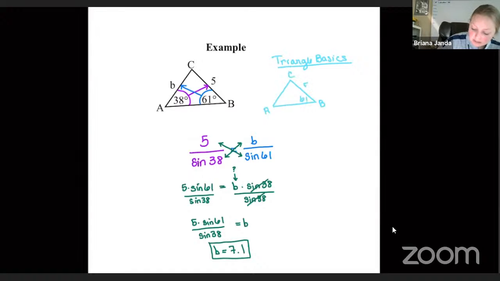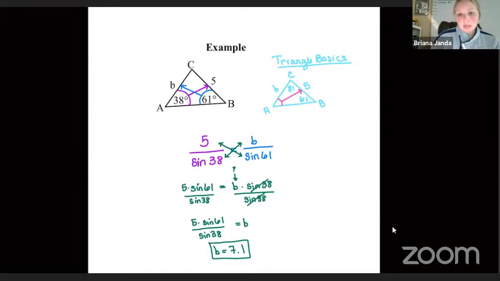If I draw this same exact picture that we had, if they didn't give me a side across from an angle like here, right now I've got an 81 degrees across from a side that has nothing marked on it. The 61 is across from our unknown of B. Notice we do not have anything marked here at angle A like we did in the first picture. Okay, so again, I don't have my side across from my angle like I had before.